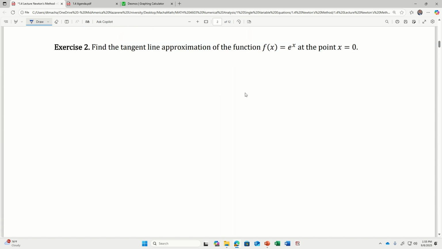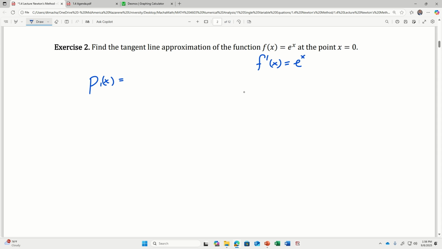In exercise 2 on your homework, it'll say something like, find the tangent line approximation of the function f of x equals e to the x at the point x equals 0. What that means is you're going to use that formula. f prime of x is equal to e to the x.